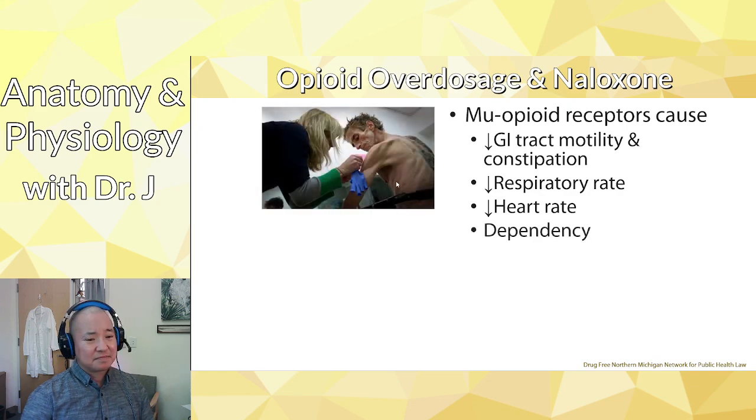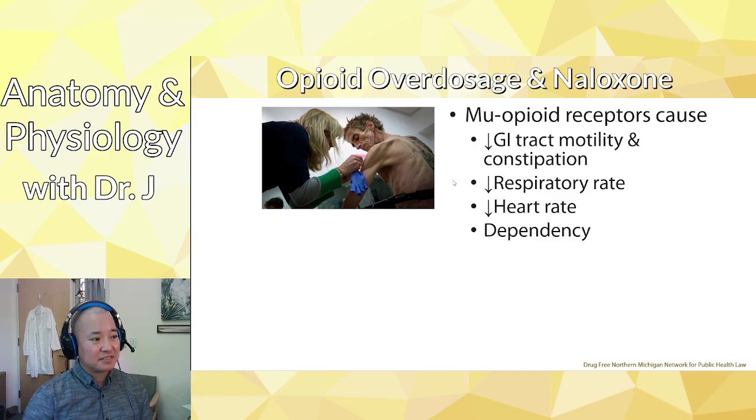Now, the other thing is this is why there's an opioid epidemic, because of the addictive properties. Dopamine is a big part of it, because opioids increase dopamine, but they also affect other neurotransmitters as well.